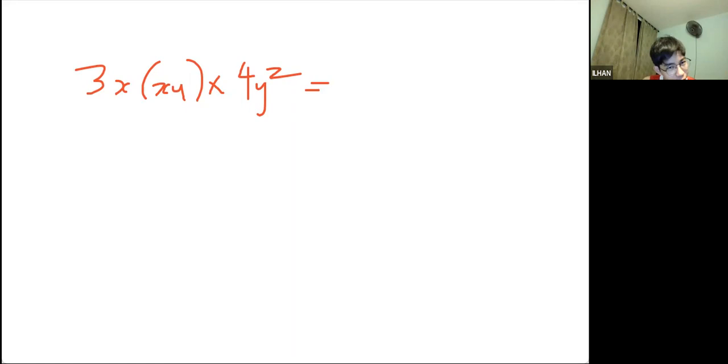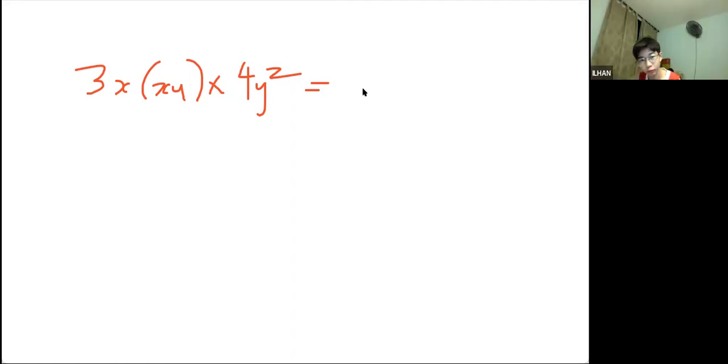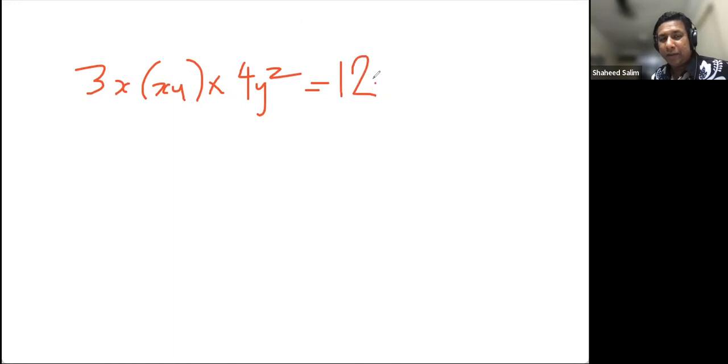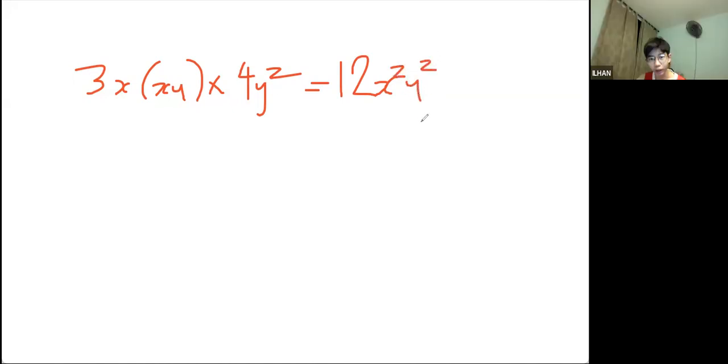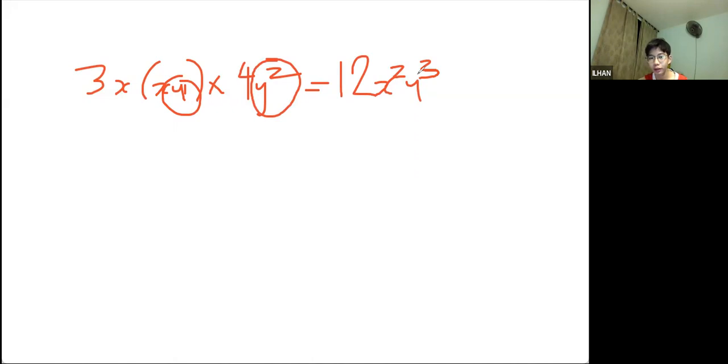Is the answer 3x squared y? Number times number first. 4 times 3, 12. x times x, x squared. So y squared is already here, you times y1. So it must be y3. Alright, we try one more time.